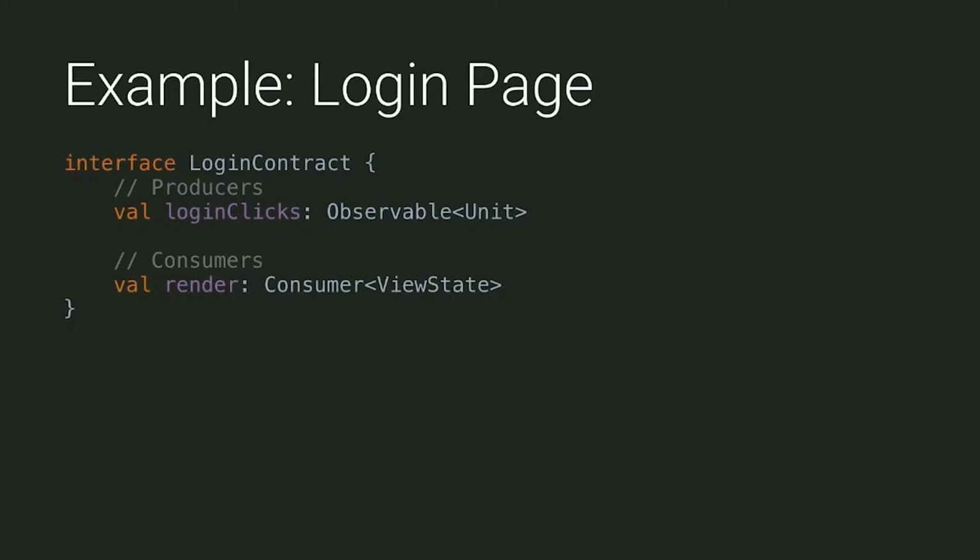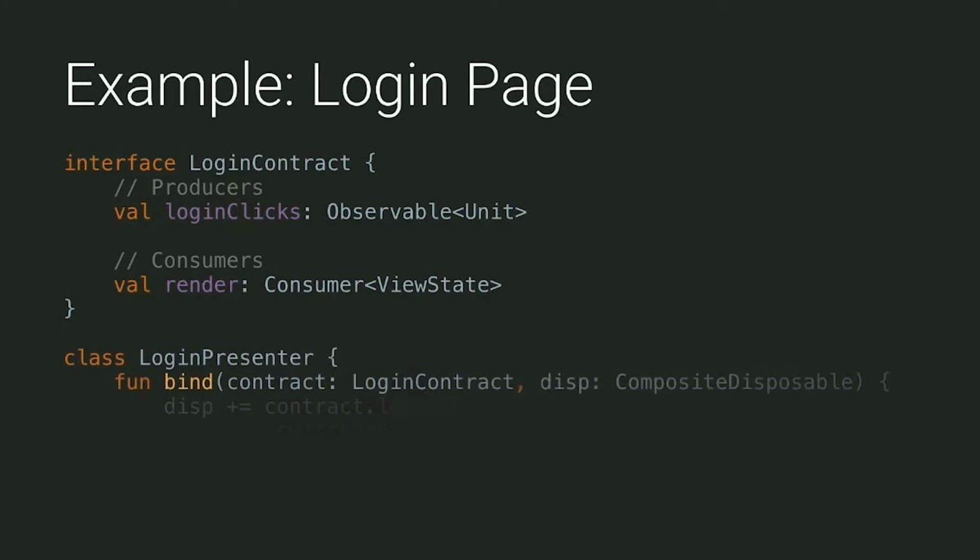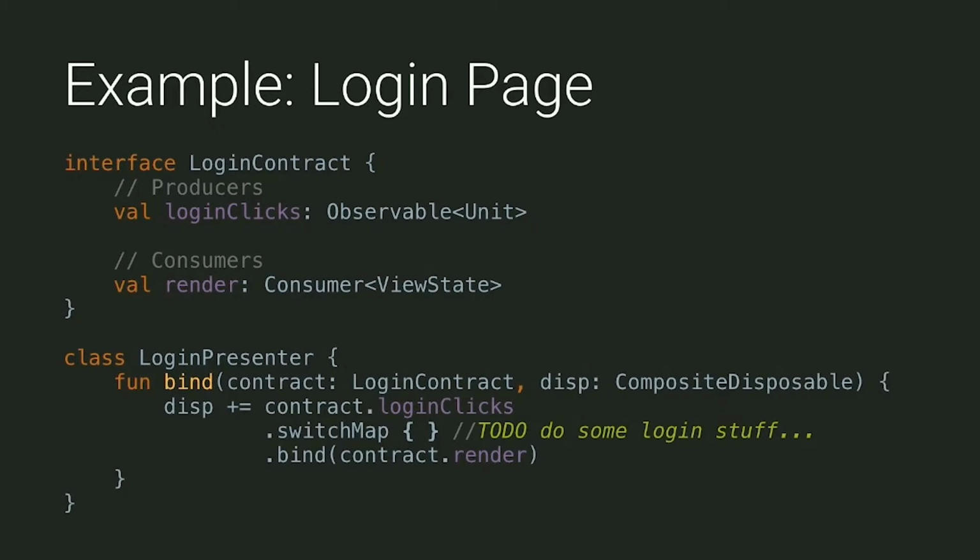As you can tell, we built it a lot around RX because we want to abstract a lot of problems regarding threading or just modeling data. It's much easier this way. Second, you build the presenter. Simple presenter in this case, you just take care of binding basically this contract by taking producers and attaching them to consumers in a very, very simplistic way.